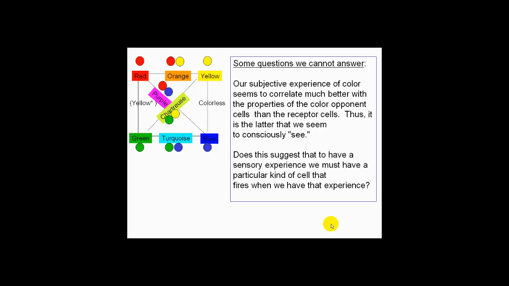It's as if our sense of consciousness was looking at these cells. Our conscious perceptions behave as though they were looking at these cells. However, does this suggest that in order to have a sensory experience, we must have a particular kind of cell that fires when we have that experience, that is in some way responsible for the base of that experience? And that's a question we really don't know the answer to.